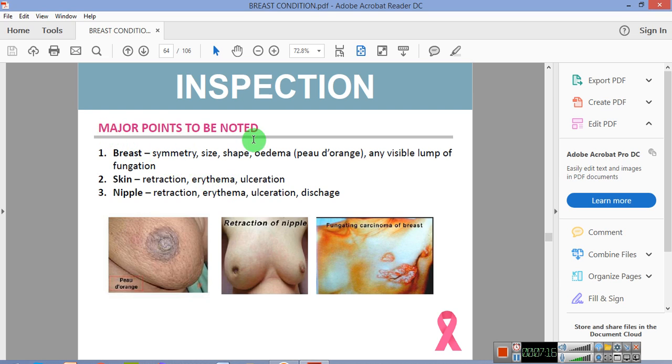Inspection, major points to be noted: breast. First you have to take the history, then inspect the breast for symmetry, size, shape, edema, peau d'orange, any visible lump, pulsation, skin retraction, erythema, ulceration, nipple retraction, discharge.